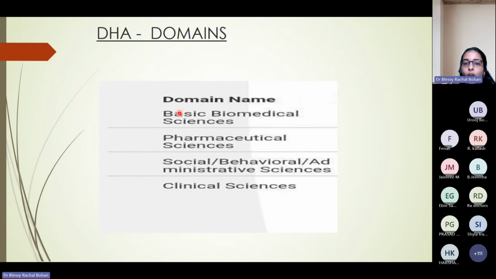So DHA different domains are there. You can see basic biomedical science, pharmaceutical sciences, then comes social, behavioral, administrative sciences, and clinical sciences. Mainly four domains there, and you have to get 60 percent as the pass mark in each domain.